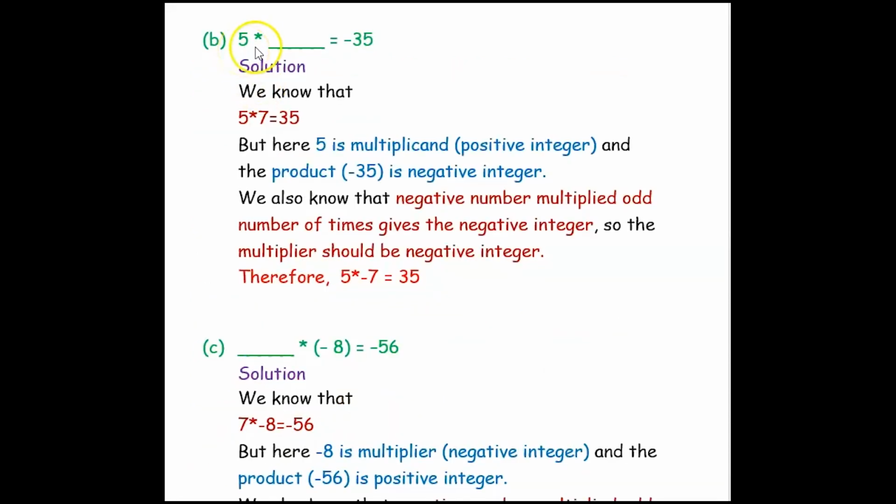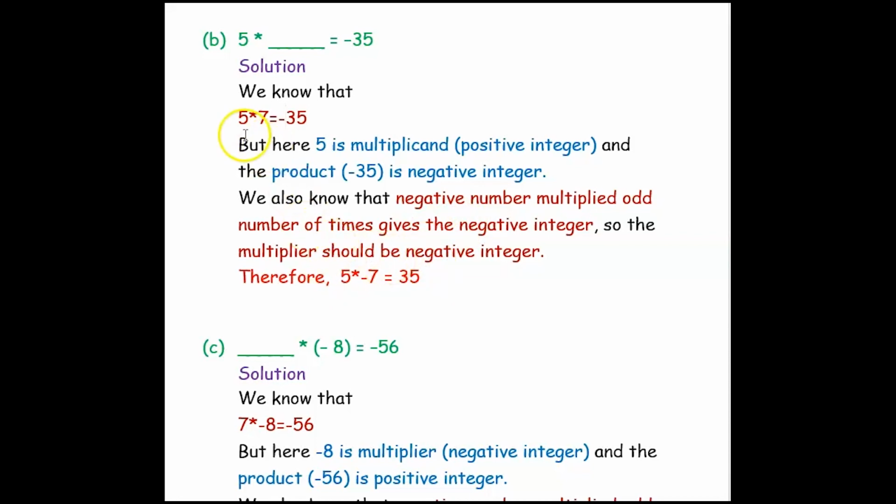So the next question is 5 into dash is negative 35. Okay, so now 5 is a positive integer and the blank we have to find out. The product should be a negative integer. We know that a negative number multiplied an odd number of times gives a negative integer, or one negative integer and one positive integer gives the result as a negative integer.